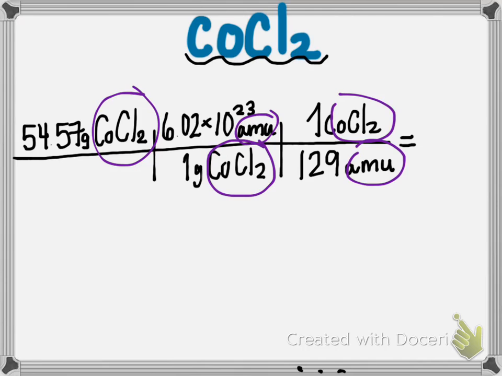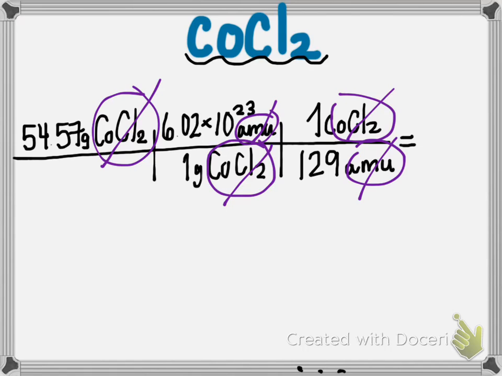Those cross out since they're across from each other. Everything on the top you're going to multiply, and everything on the bottom you're going to divide by. So the CoCl2's cross out, the AMU's cross out, and then you're left with, to put in your calculator, 54.57 times 6.02 times 10 to the 23rd, and then times 1, which you don't have to do. Then whatever that number is, you divide by 129, because that number's on the bottom.